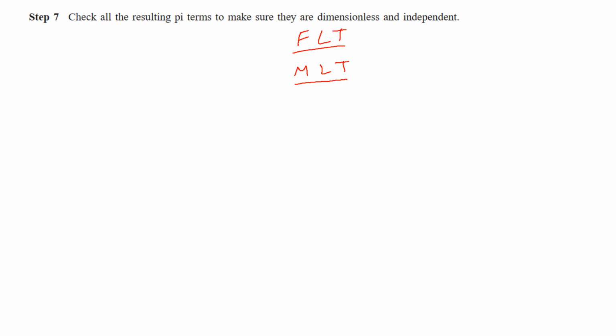Now we are going to switch mass and write force in terms of mass, and then check that our pi terms that we just derived are also dimensionless when we write their dimensions in the basic dimensions FLT.